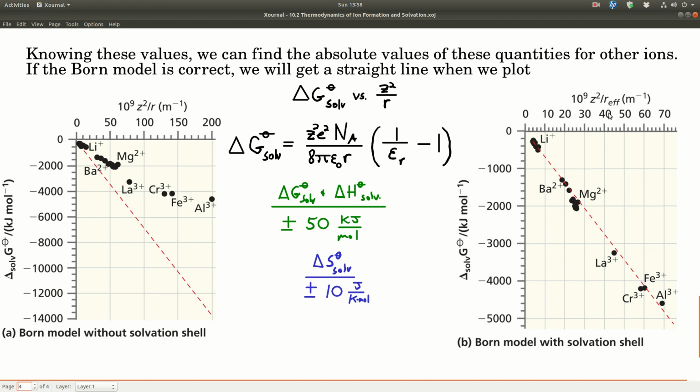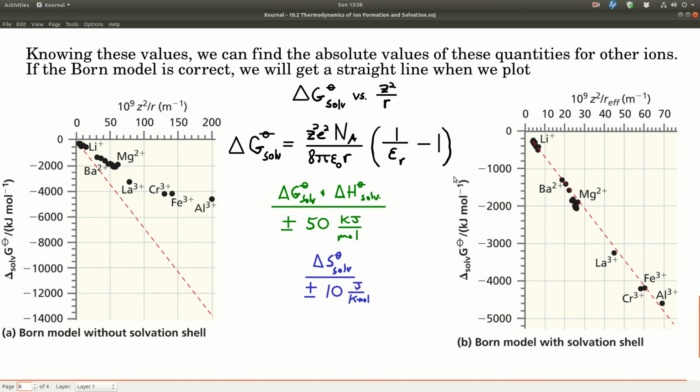The effective radius is the radius of the ion plus the radius of the solvation shell. So they include those molecules of water that are clustered around the ion, to the center of those molecules, and it's different for an anion than a cation and so on. But by doing that, here's the important thing: much better quantitative agreement here.